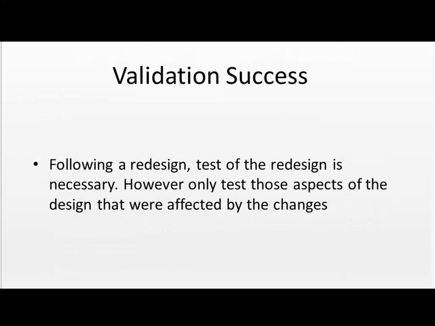Now, if you do some mitigations, you should test the redesign. However, you only have to test those aspects of the design that were affected by the changes. You do not have to do a complete new validation. And your rationale for what you're testing and what you're not testing should be documented.